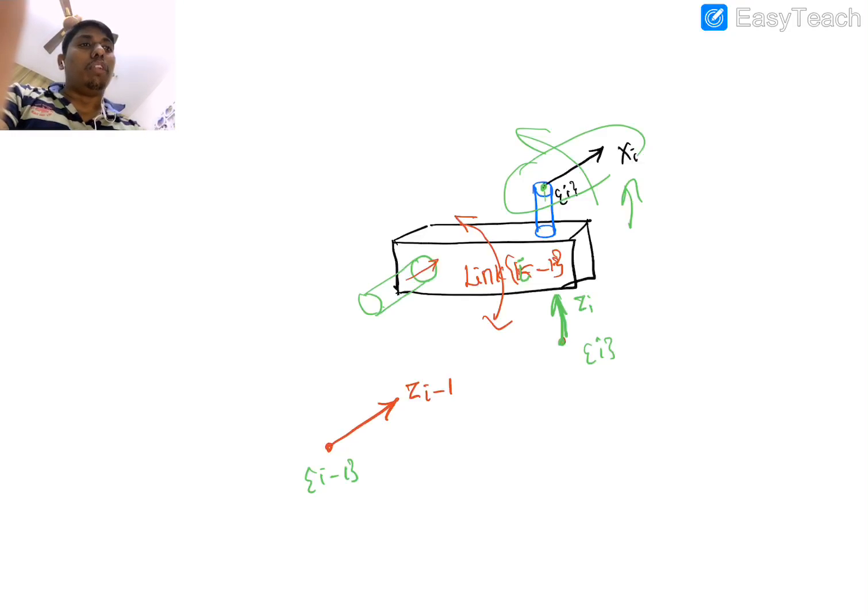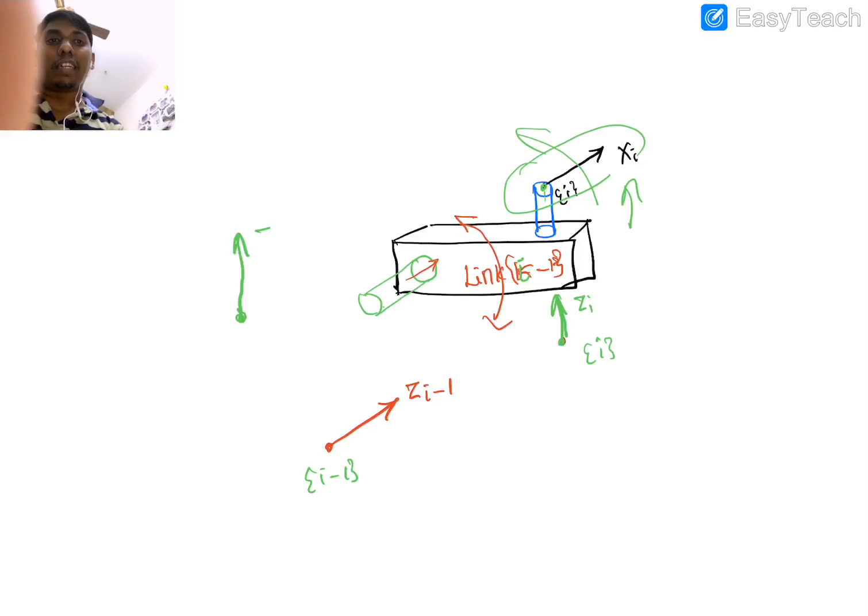Just to give a little more clarity, I am showing this in another figure, or rather drawing it here just to give a little insight. So this is the Zi. Okay, where xi is already defined.